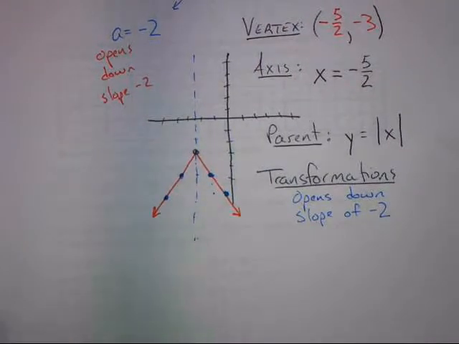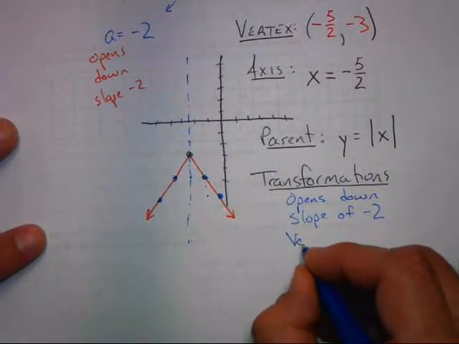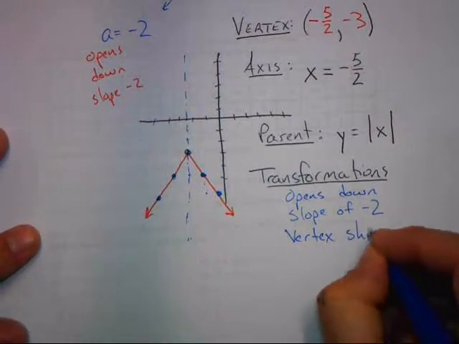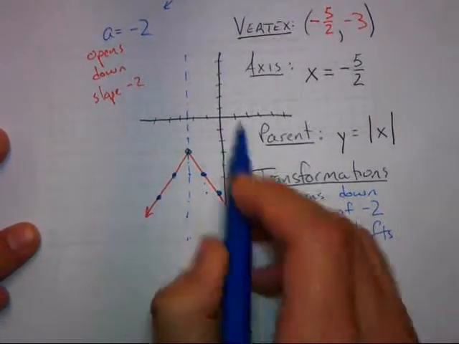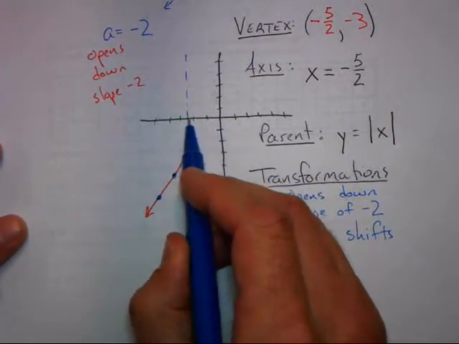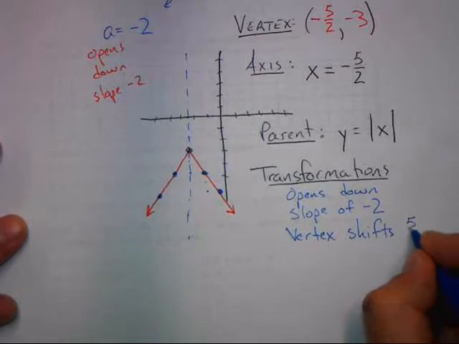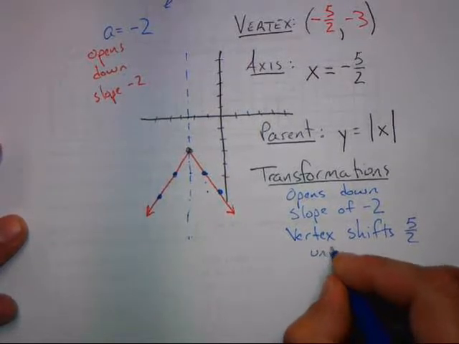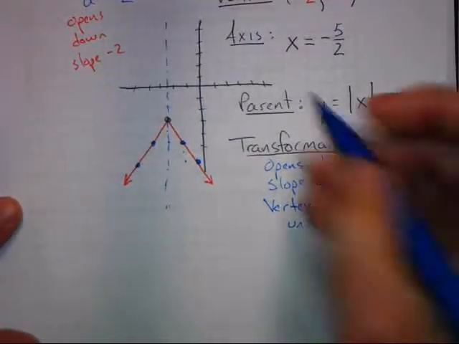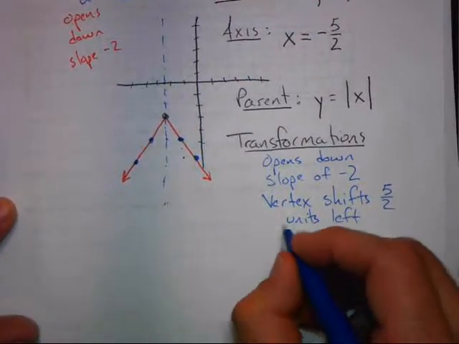And we have to define, well, how did that vertex move? So the vertex shifts 5/2 units, 2.5 units to the left. So 5/2 units to the left. And 3 units down.